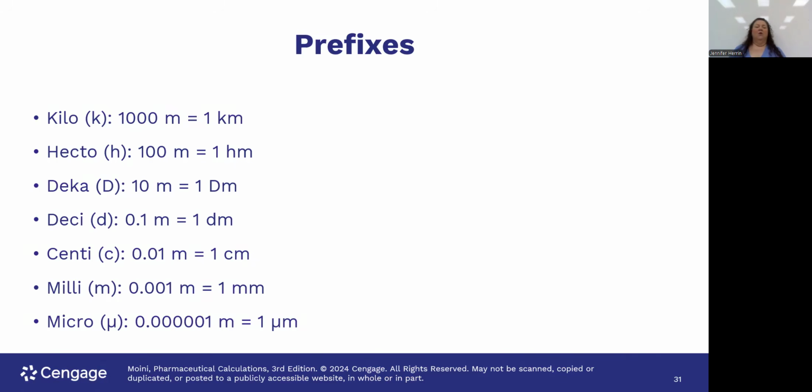Notice for micro, we have that sort of U with a line hanging down long on the front side of the U. That is a symbol that represents micro. And then, of course, we have the m behind it because we're talking about in terms of meters. Sometimes you might see this with liters as the microliters that I was mentioning earlier.